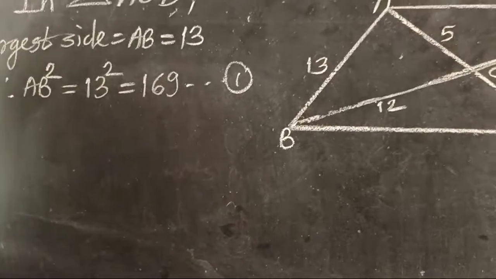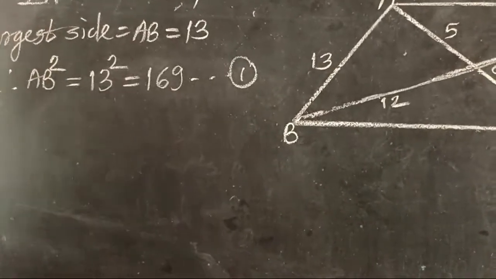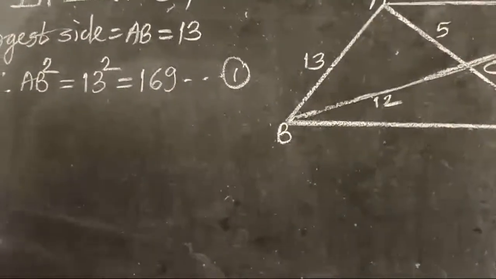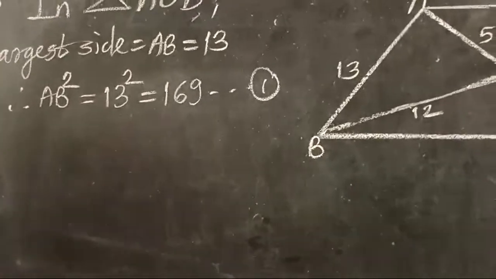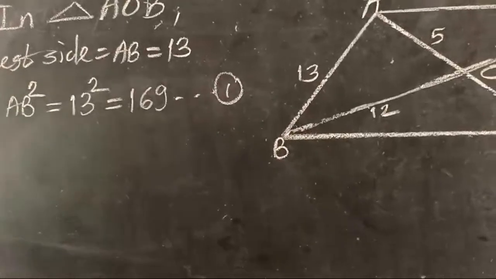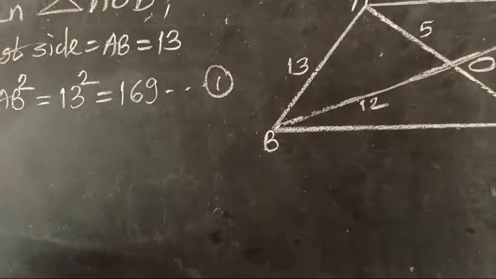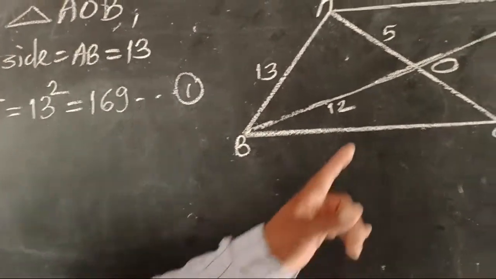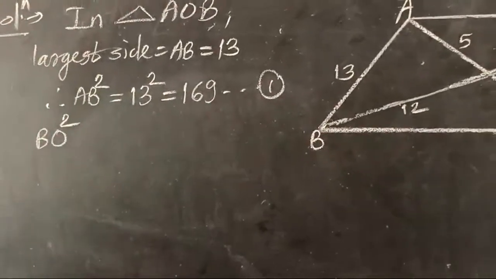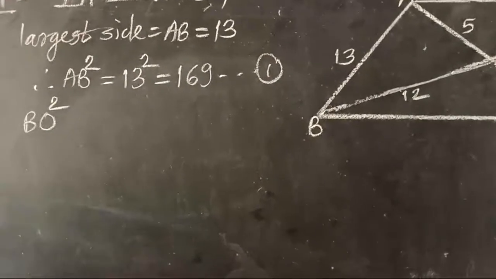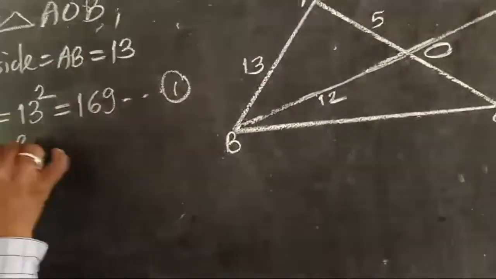Sum of squares of the remaining two sides is BO square, plus, sum means addition, the other side AO square.